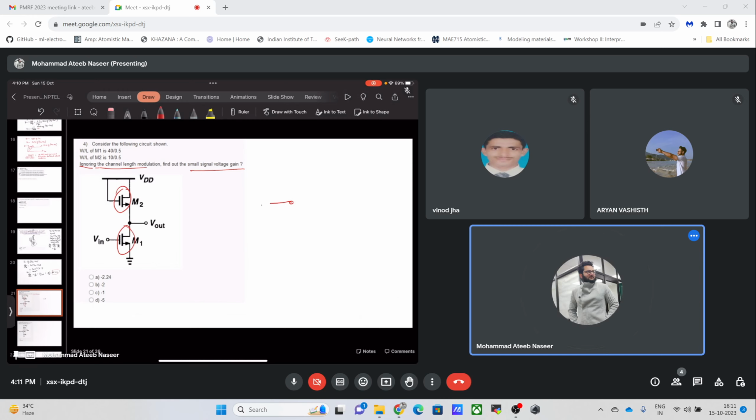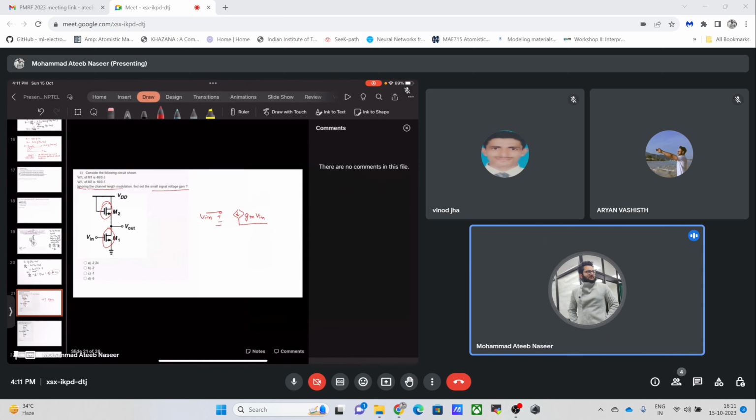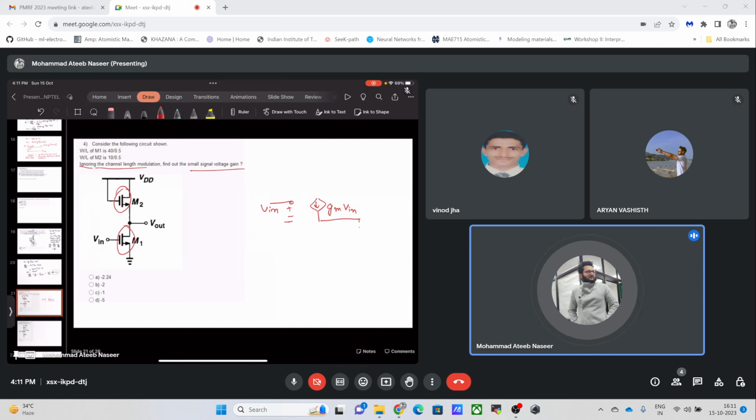So this is our V in, okay, it is like this, this is grounded, and this is GM times V in. Channel length modulation has to be neglected. It is grounded as well, and it is connected to the source of M2, which will be having, if this is GM1, this will be GM2.